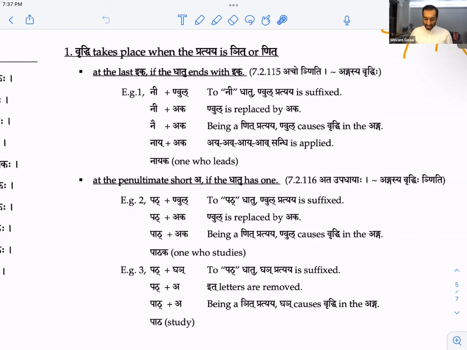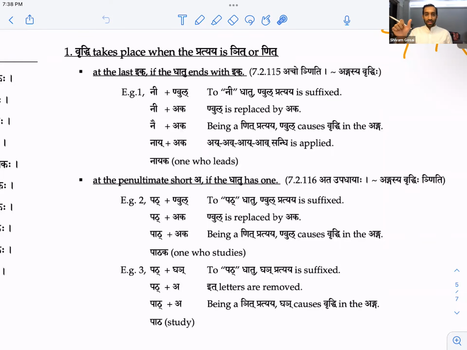It also says at the penultimate short akara, if the dhatu has one. Meaning not any akara, it has to be penultimate. For example, pat plus nvul: there's an akara that's the second to last letter. Penultimate means second to last. If there's a short akara that's second to last, then that can also take vriddhi.